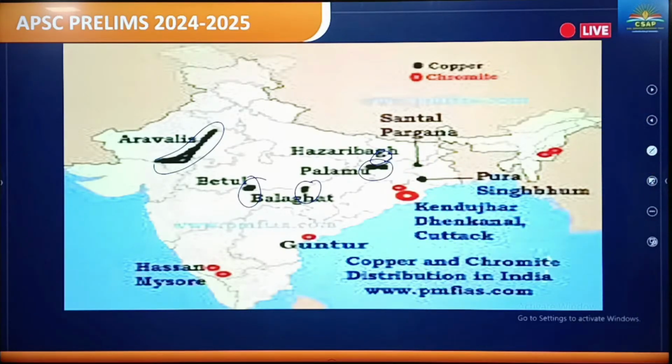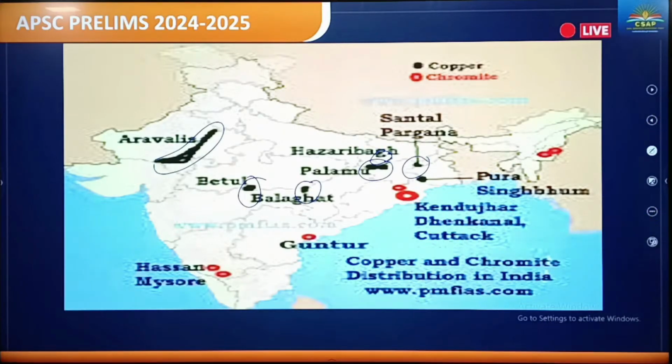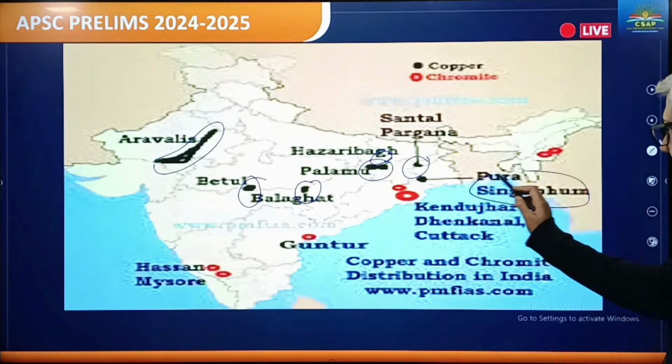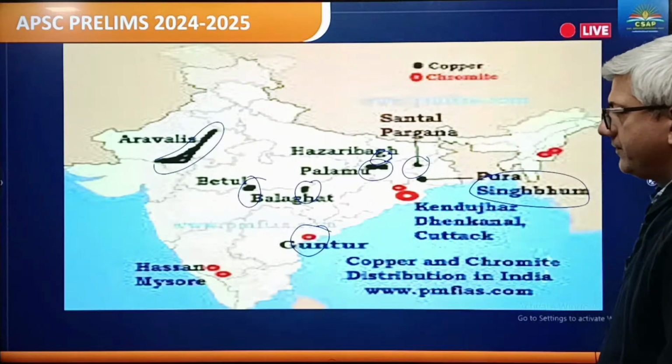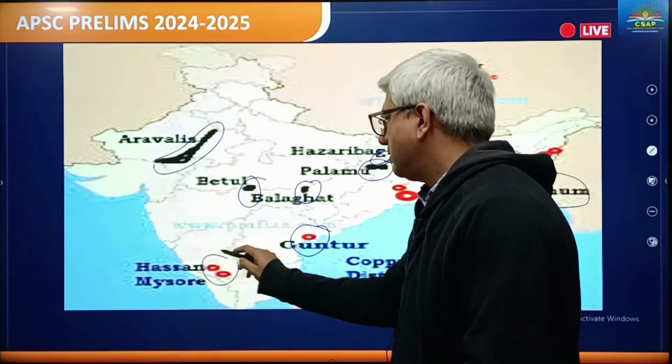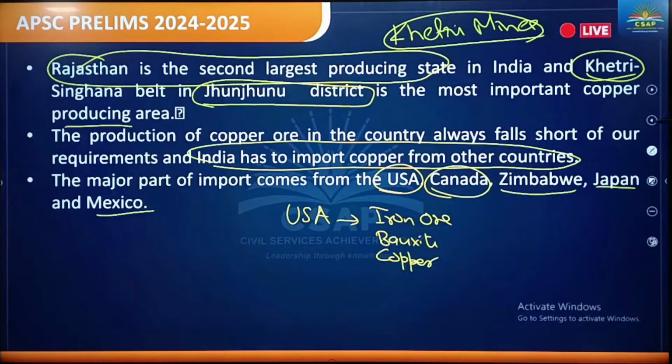These are the belts. Then Santal Pargana area of West Bengal, fine. Singhbhum district, Keonjhar district of Orissa, Hassan and Mysore district of Karnataka. These are important copper producing areas.